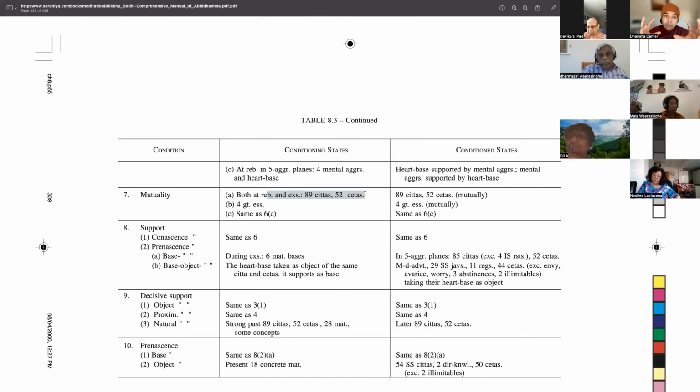They are reported meaning one of these chittas, you can see the highlighted, and their respective chetasikas out of the 52 can condition the arising of one of these chittas and their respective chetasikas in the next moment. That is what it means.